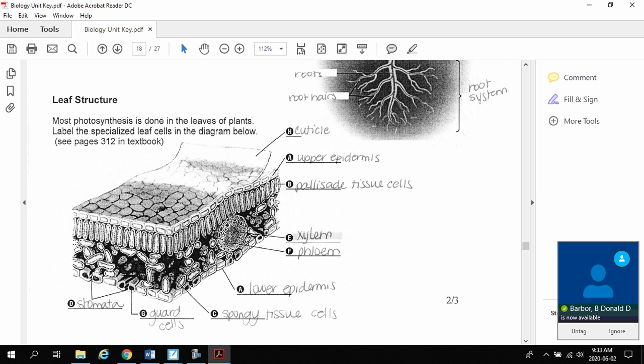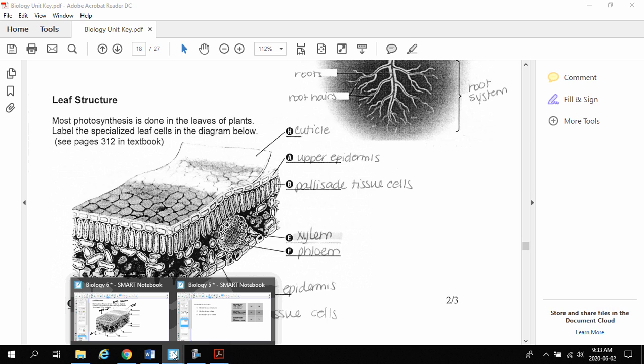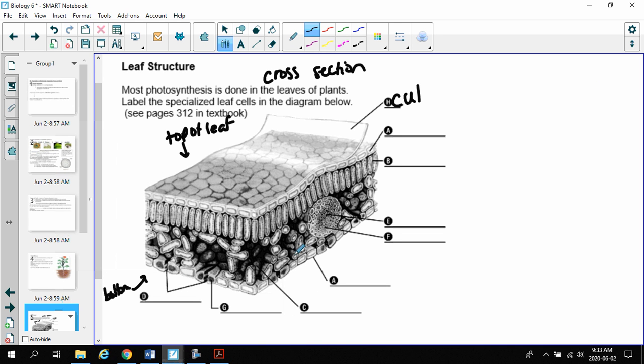So this one, it's probably easier to see on my, oh no, it's not in color. So I kind of colored half of this. So the xylem, X-Y-L-E-M, and the phloem is kind of the other portion within this vascular bundle.